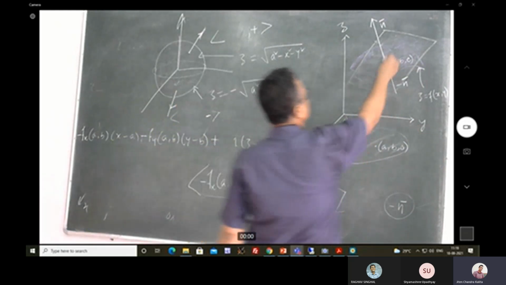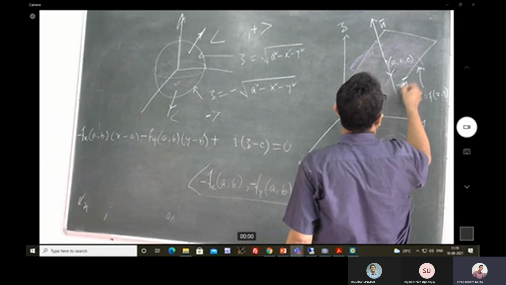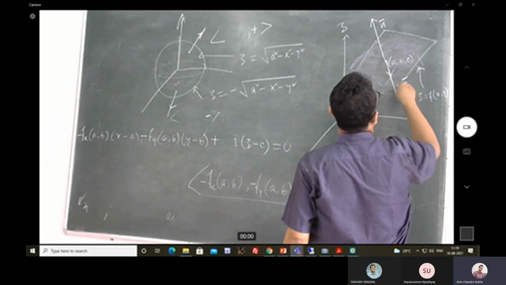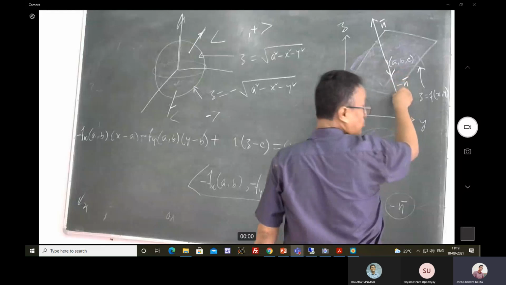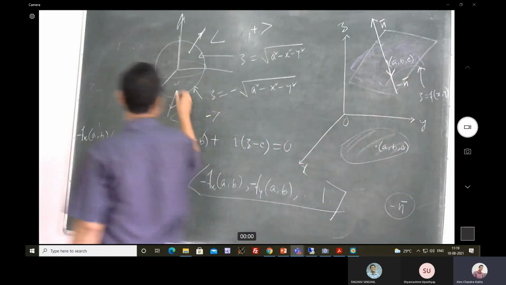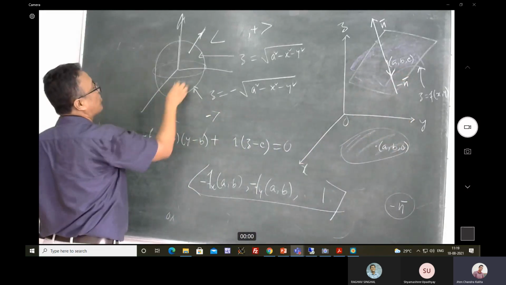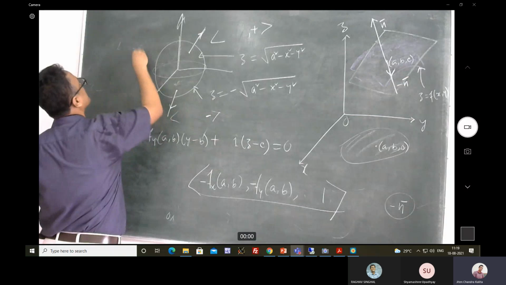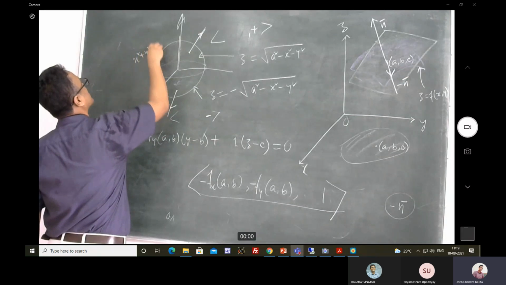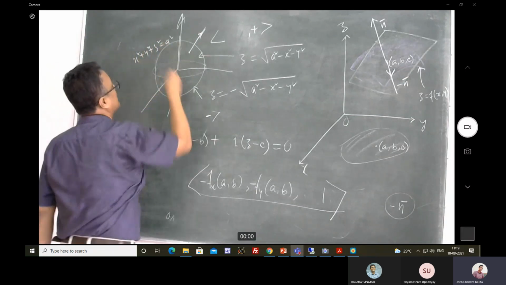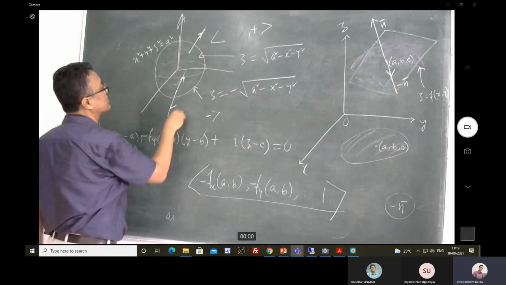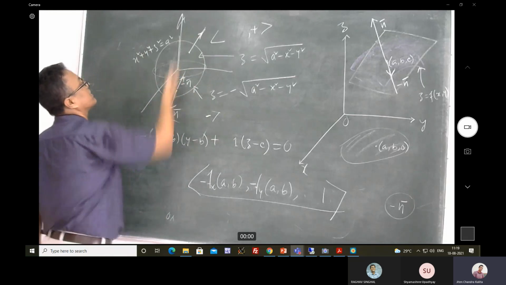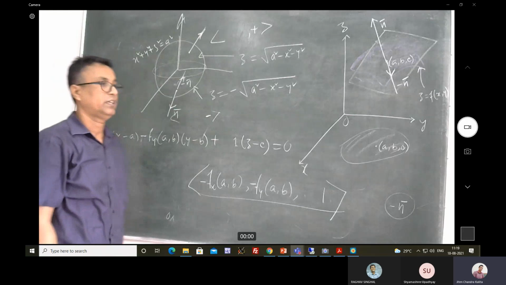Now here you can see that the inward normal had a downward direction, right? But if I consider the inward normal at this point for the sphere x squared plus y squared plus z squared equal to a squared, then if this is outward, this inward normal is going to have an upward direction.